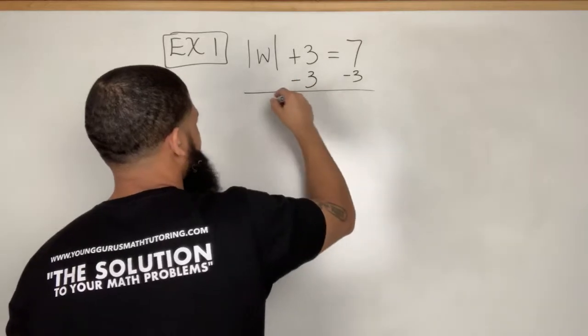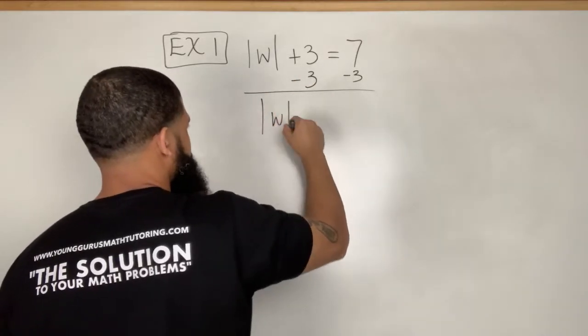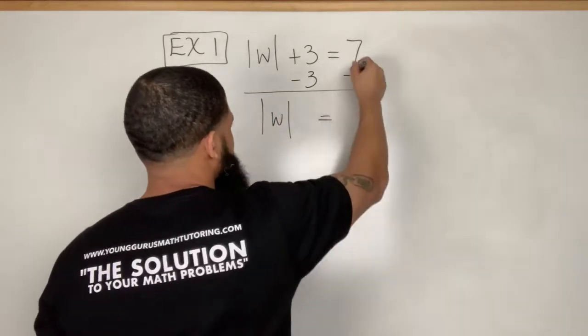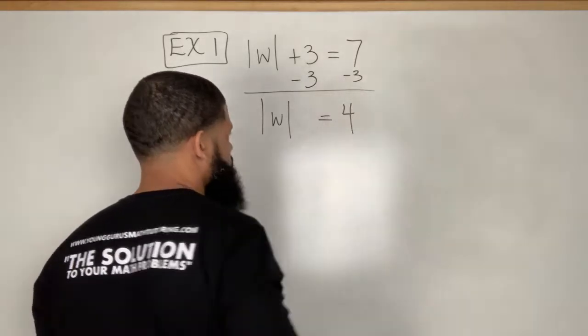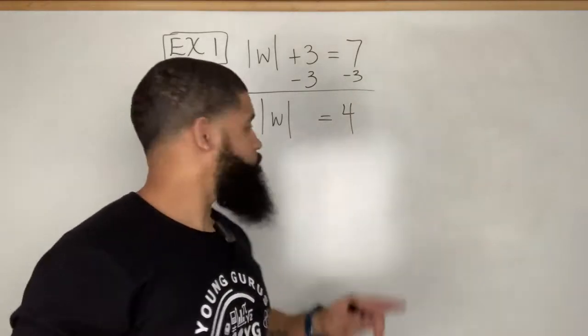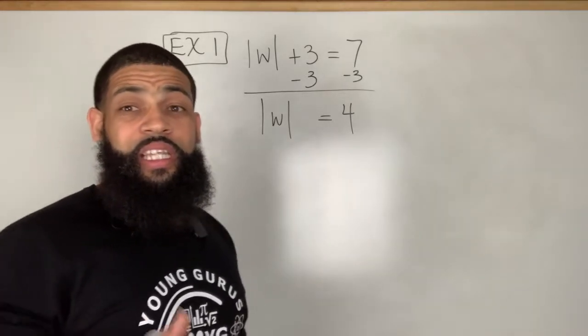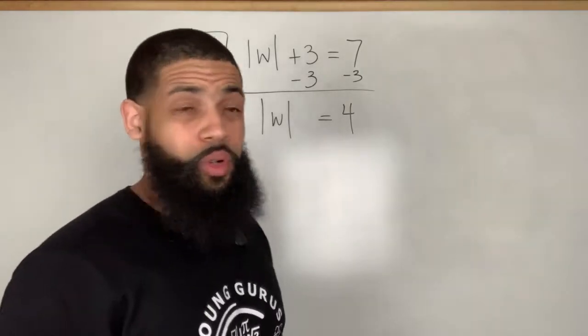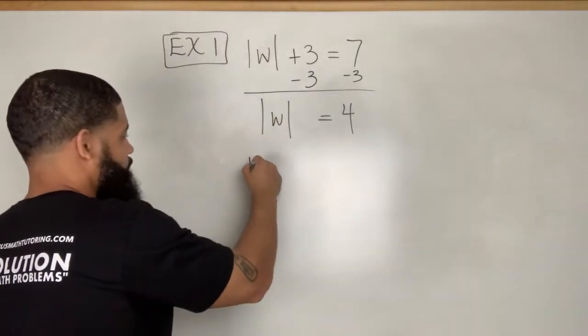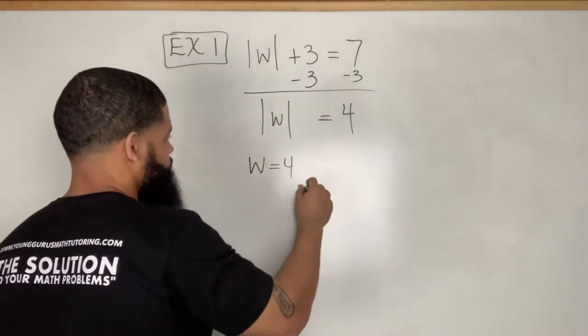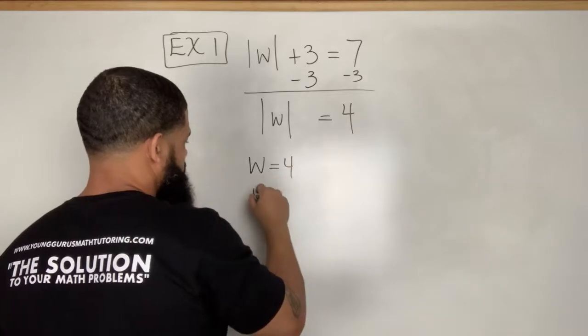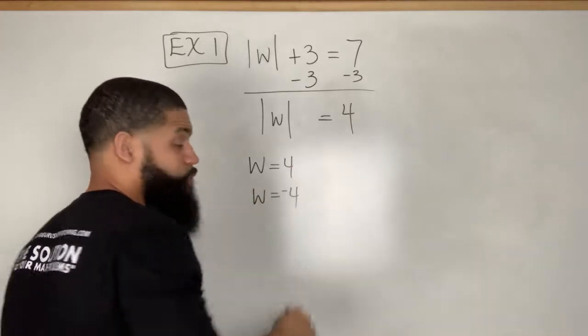Got to do that to both sides. So I'm left with the absolute value of W equals 7 minus 3 is 4. Okay, so if the absolute value of a number is 4, then that number could be +4 or -4. So from here I can say W equals 4 and W also equals -4.